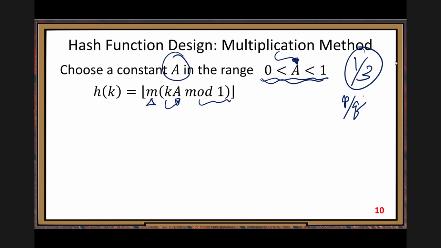How do you choose special A's so that when you multiply by any integer, you always get a fraction? Irrational number. Great, an irrational number would make you get that.